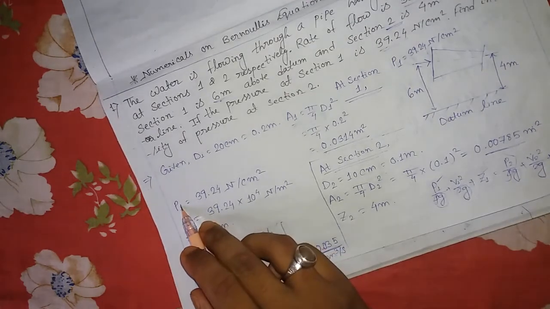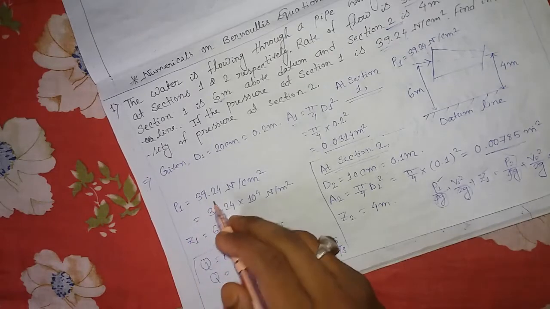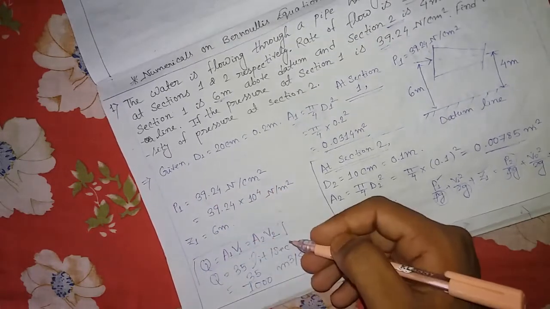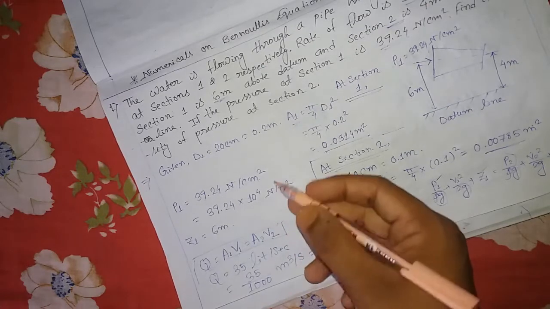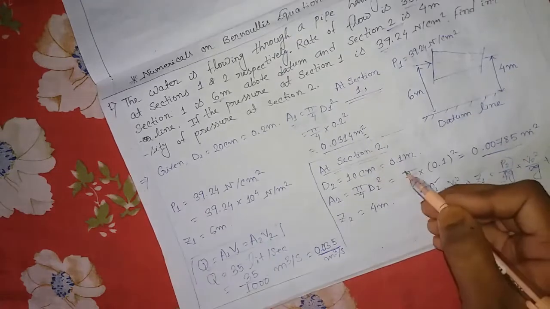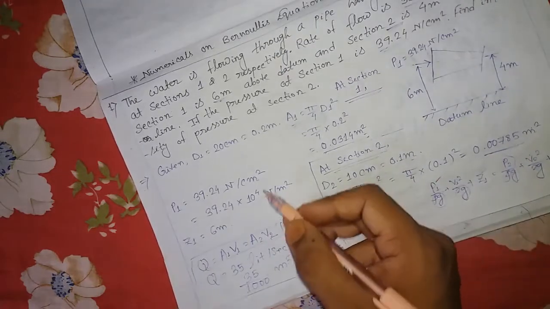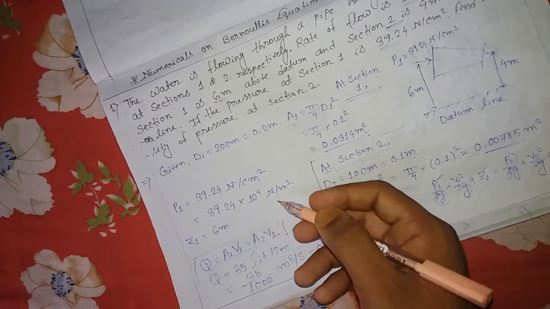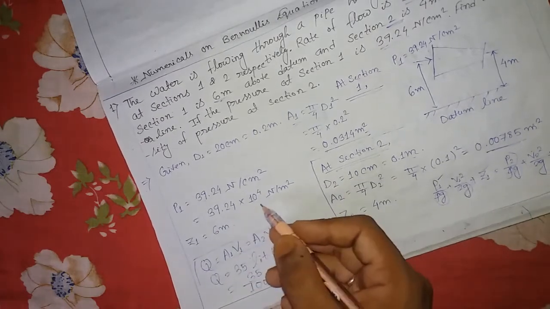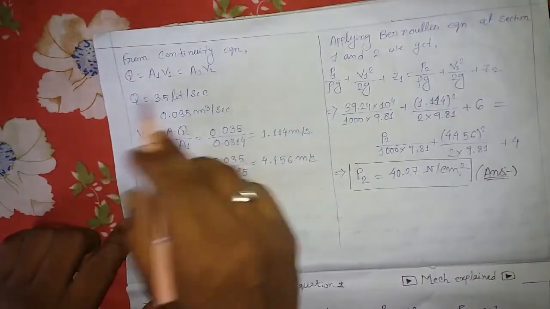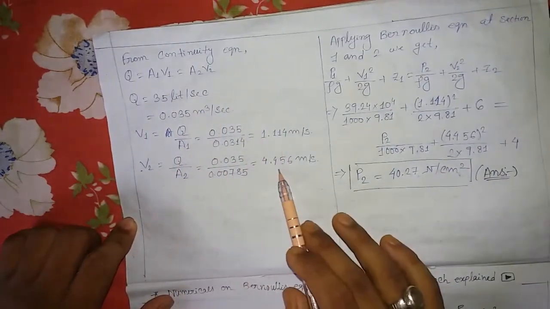Now the pressure at inlet is 39.24 Newton per centimeter square. I have told you that you have to convert everything into the same units. Everything is in meters, so we have to convert it into meter square. That means we multiply by 10 to the power 4. So 39.24 into 10 to the power 4 Newton per meter square. Pretty easy.